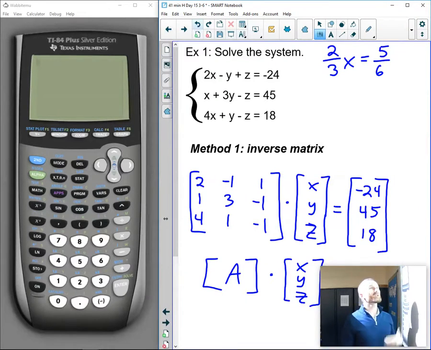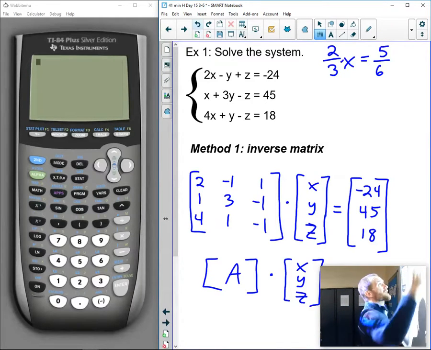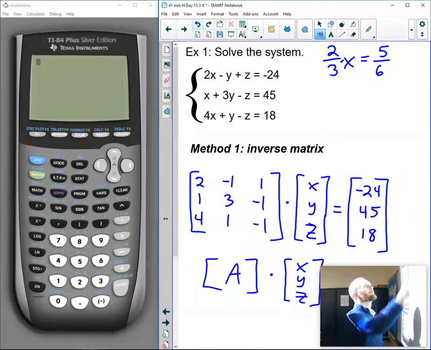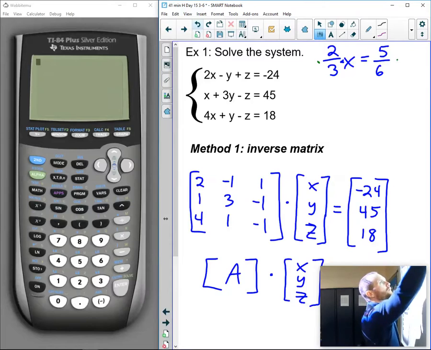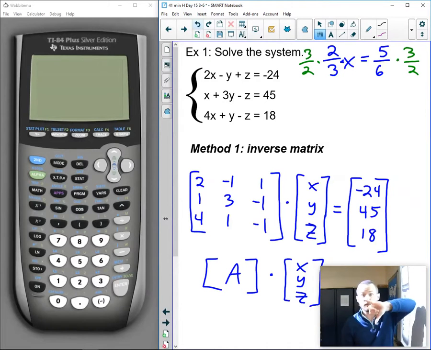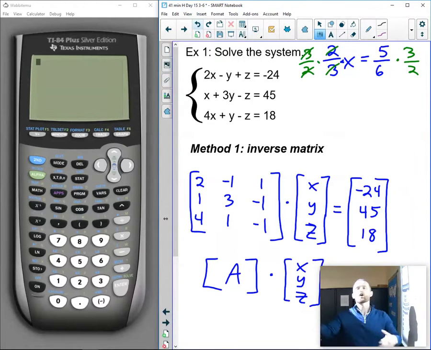To solve this equation, we could divide both sides by 2/3, because it is multiplication there. We could undo that with division, but I think an easier way to do it, since it's a fraction, is to multiply both sides by the reciprocal. If we multiply both sides by 3/2, the reciprocal of 2/3, then the 2's and the 3's will cancel out, and we'll just be left with x equals whatever the answer is.